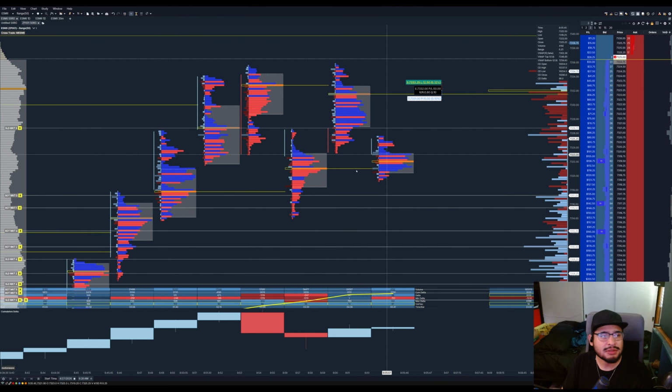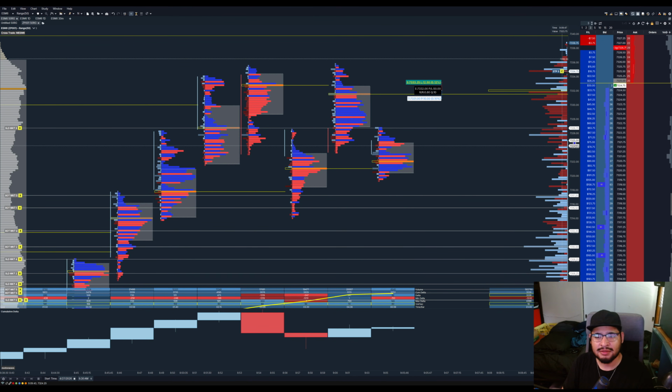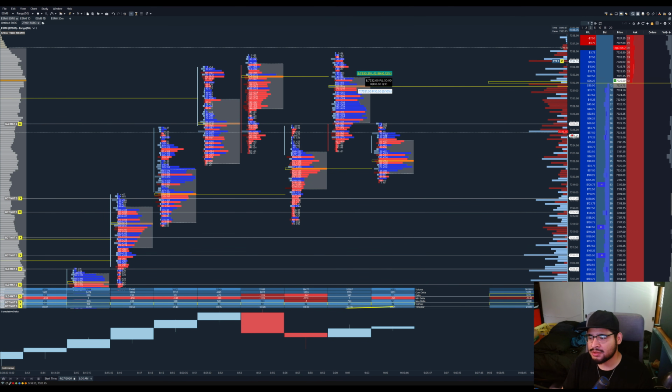On this range chart, you got a balanced looking profile here, another balanced one looking here. This one kind of looks like a D-shape, kind of balanced, but we'll see.